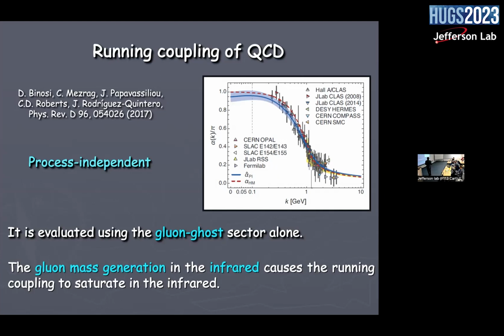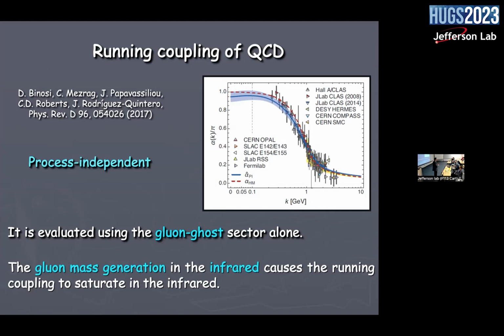Now, there is a calculation in the blue shaded area that has been done by something called the pinch technique with the background field method. I don't want to go into it, something like Schwinger-Dyson equations. Effectively, this calculation is done with the infrared dynamics of two quantities, the gluon propagator and the ghost propagator, and the ghost gluon vertex.